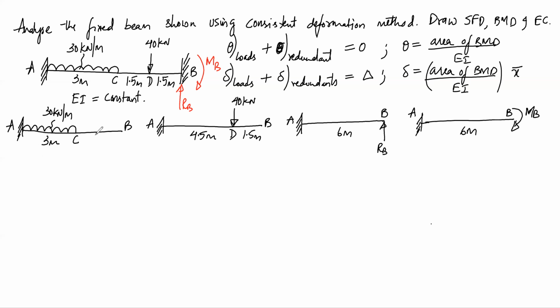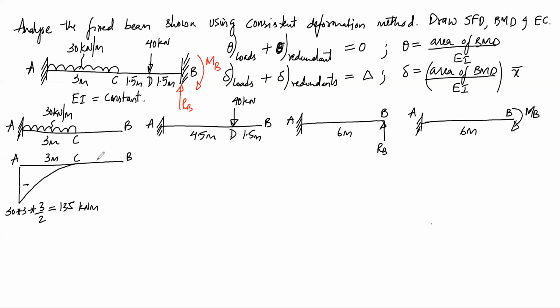So for cantilever with UDL, we know it will be a hogging BMD with parabolic variation. So the BMD is like this, and this will be hogging, and the moment here will be 30 into 3 into 3 by 2, which is 135 kilonewton meter. And these are the points.